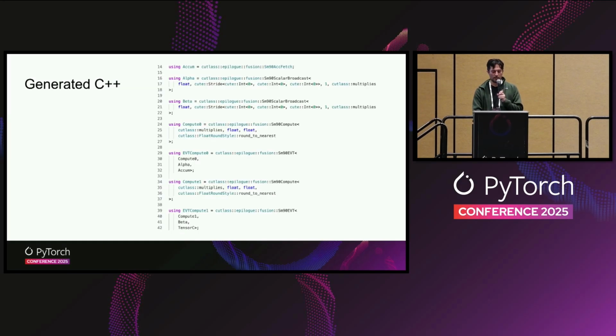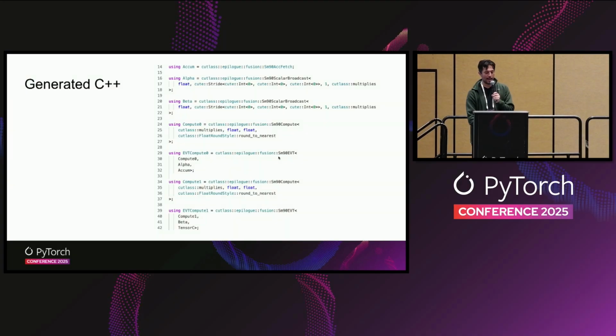and get the C++ code that you want. Here's an example of the generated C++. You can see how it's implemented types for each of the different pieces of the tree. Acc here is loading the output of the matmul. Alpha is the scalar that I showed before. It's doing a scalar broadcast, and the same thing with beta. Compute 0 is saying we're going to do a multiply.